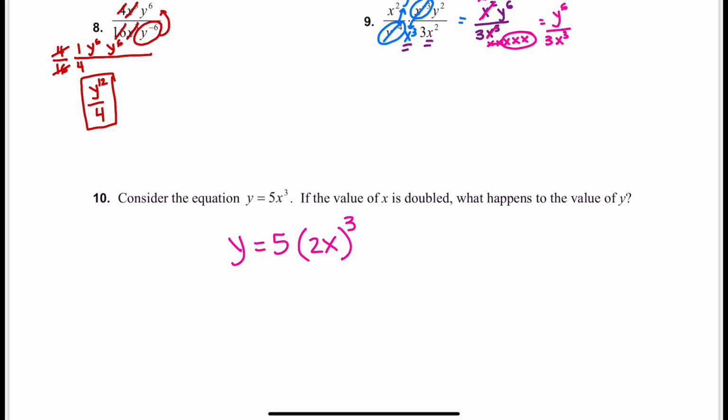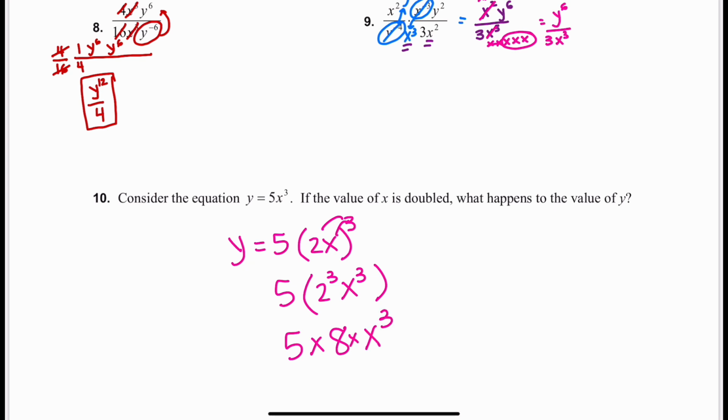So if I double it, that is also to the 3rd power. So I'm going to have my 5, 2 to the power of 3 times x to the power of 3. If I take that 3 and distribute it with the exponents, 2 to the 3rd is 8. So I have 5 times 8 x to the 3rd.